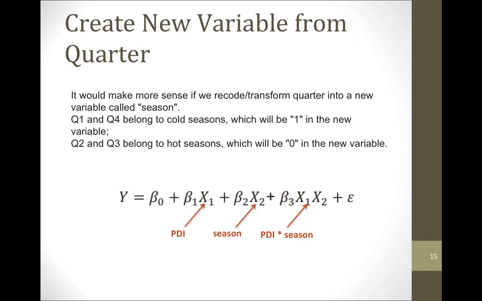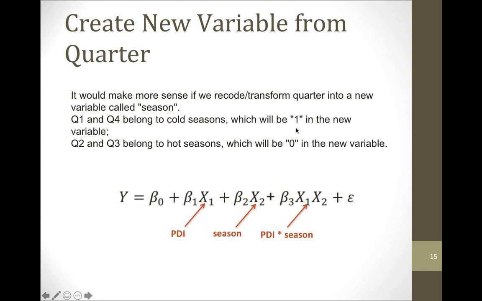Okay, so next, as we talked about a long time ago, in this lab we are going to include another variable. We're going to create a new variable in which we group Q1 and Q4 together, and Q2 and Q3 together. Q1 and Q4, because it's a better season to sell skis, we're just going to code as 1. And Q2 and Q3 are hot seasons, so we're going to put 0, because you can just change that.